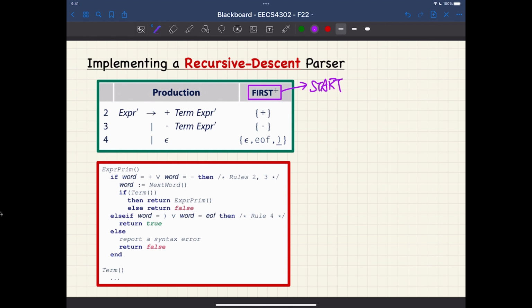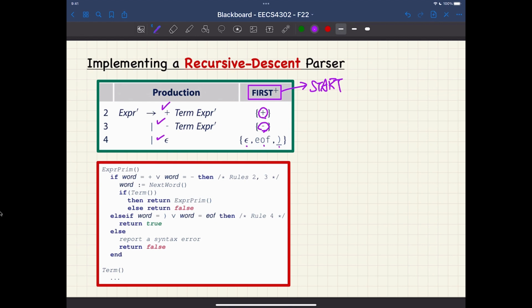The start set can be either plus or minus, meaning that if the word that we want to match happens to be plus, you definitely choose this rule. If it happens to be minus, you choose this one unambiguously. And if it happens to be nothing, EOF, or closing parenthesis, you choose this one here. That's what the rule really means.